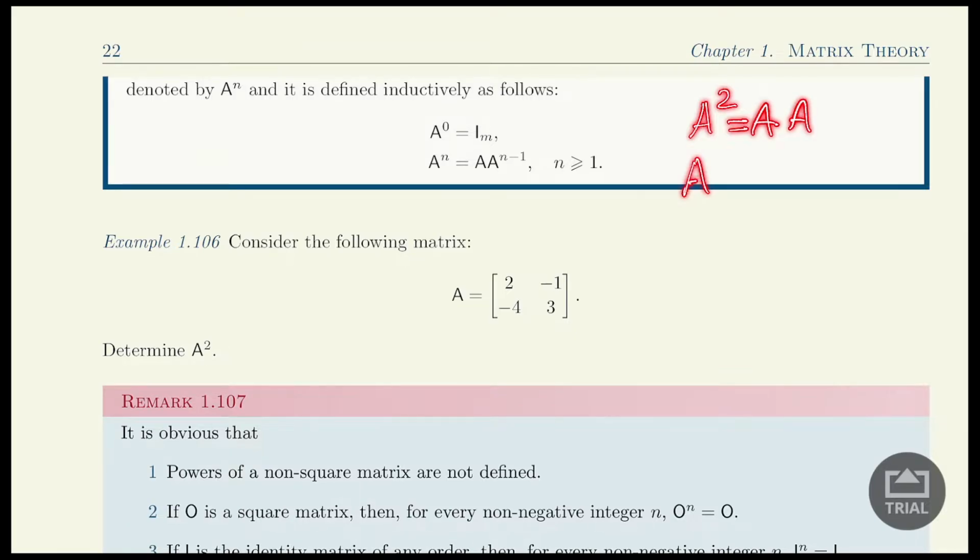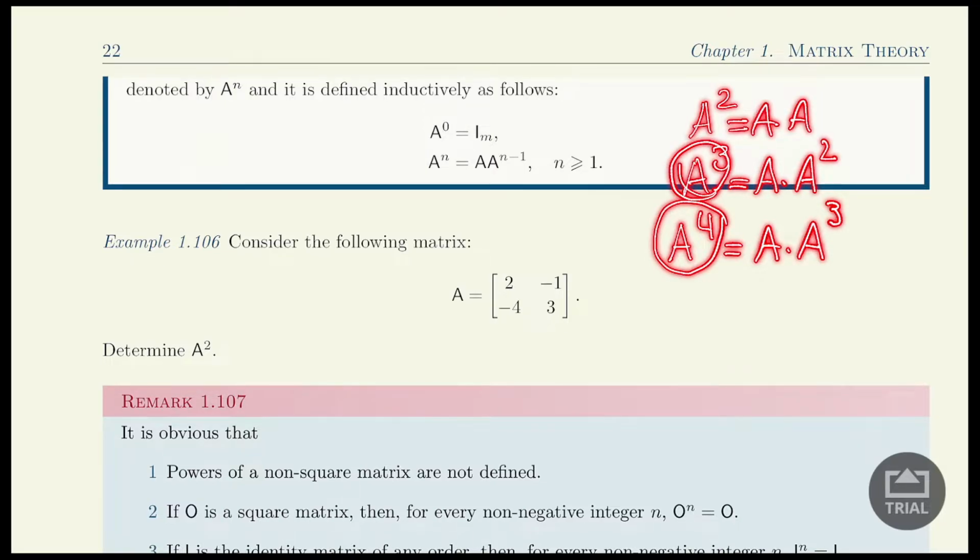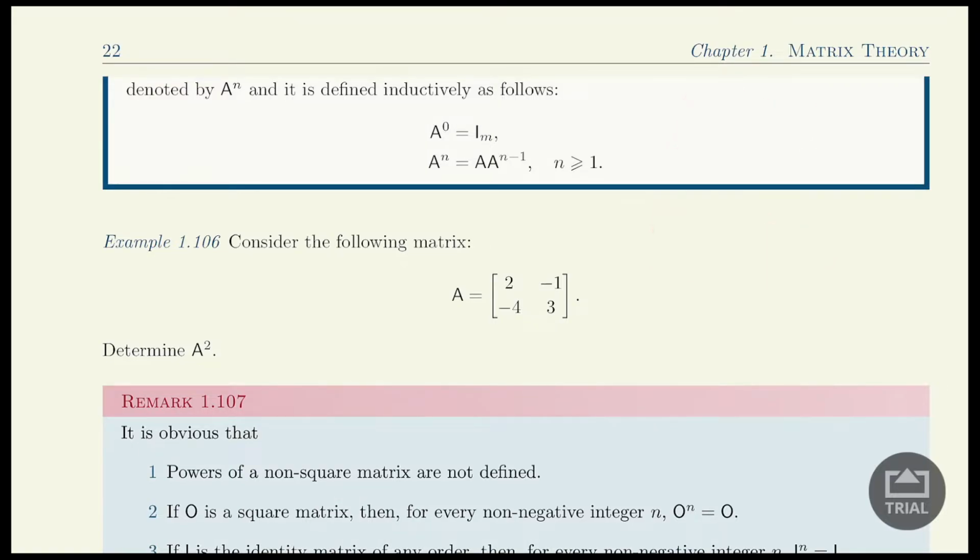If I ask you what is a3, I will tell you a3 is a times a2. And if I ask you what is a4, this is a times a3. So to answer what is a4, I have to already calculate a3, and in order to calculate a3, I have to calculate a2. So this way of defining is called an inductive definition or recursive definition.